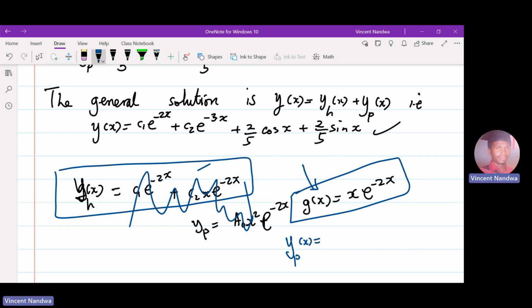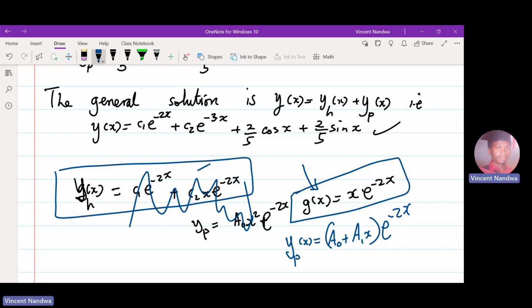If we hold our emotions, yeah, because that's linear, okay? From the word go, this is what you expect to have. That is the structure of the yp if you have not actually even checked what you have on the yh.